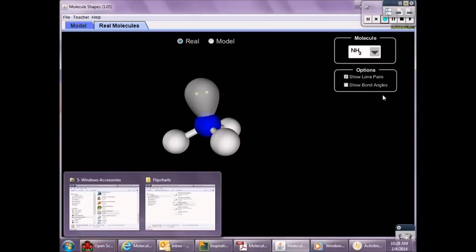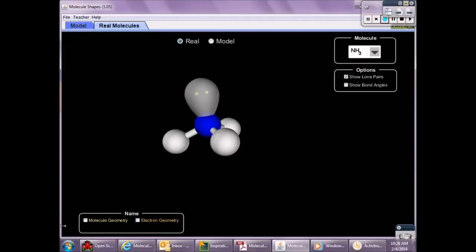All right. So for the domain, it is tetrahedral, but for the molecular geometry, it is trigonal pyramidal. Trigonal pyramidal. It is a pyramid sitting on a triangle.